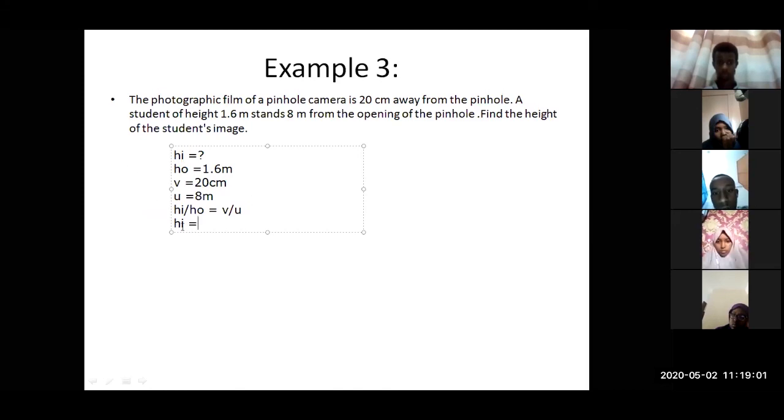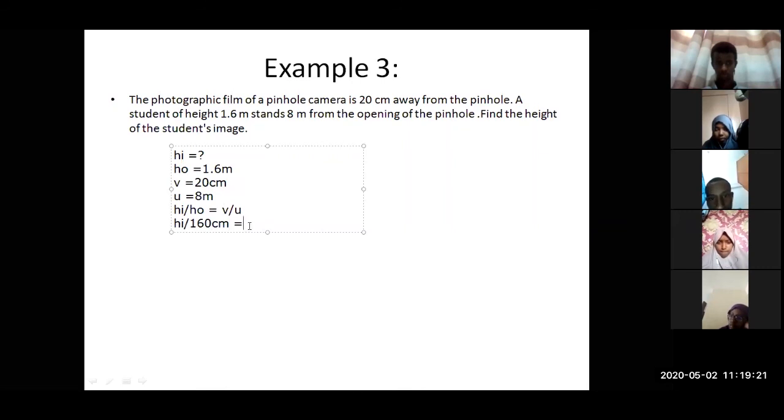So our HO is 1.6. Because we have centimeters mixed, we convert everything to centimeters. 1.6 meters will be 160 centimeters. It's good to quote this unit so that you don't confuse.